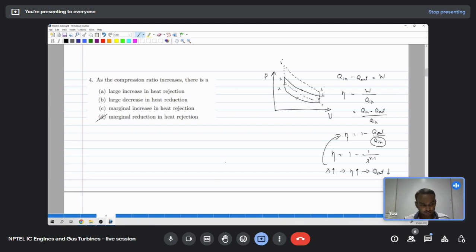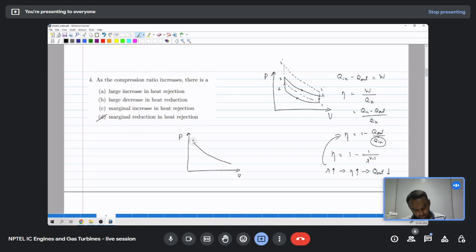You can also consider from an actual cycle, sorry, not ideal cycle. Assume we are only compressing and expanding, and there is no combustion happening.